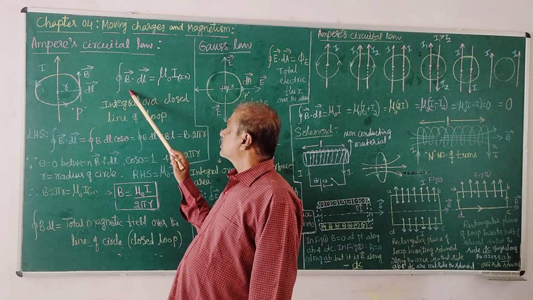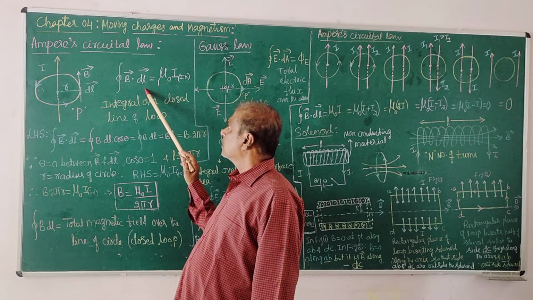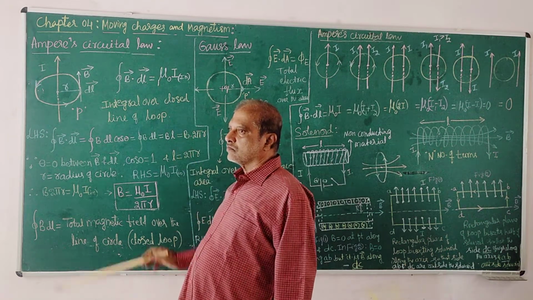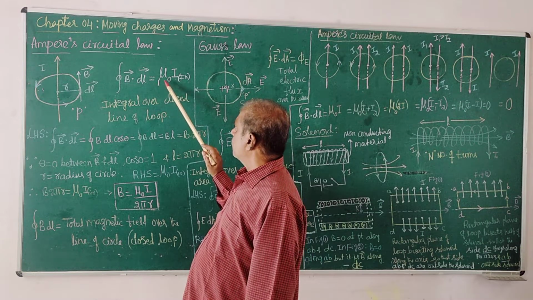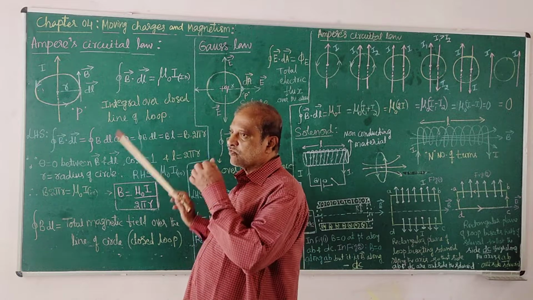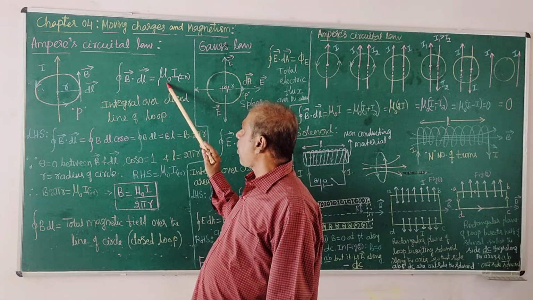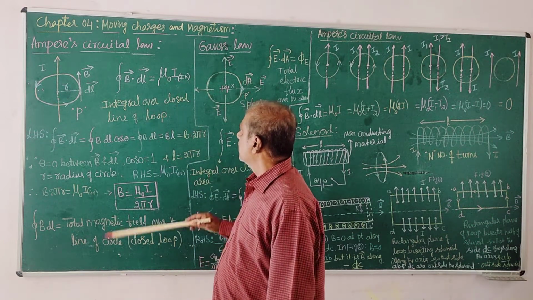So this is known as the left hand side of the Ampere circuital law, and in accordance with this statement, it exactly equals mu naught into I. What is mu naught? The magnetic field constant, magnetic permeability, that is explained already. And what is I?